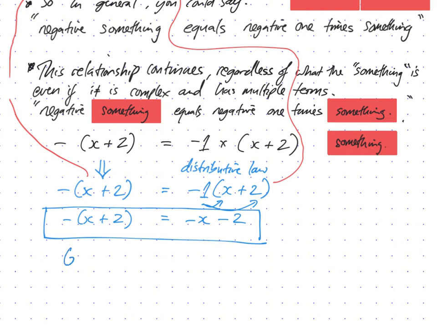Okay, the importance of that becomes clear when, for example, let's say 6 take x take 2. This is a tricky situation that if you ignored these rules, you would be wrong. So some people might just look at this and go, I'm just taking x take 2, so I can write 6 take x take 2, brackets removed.